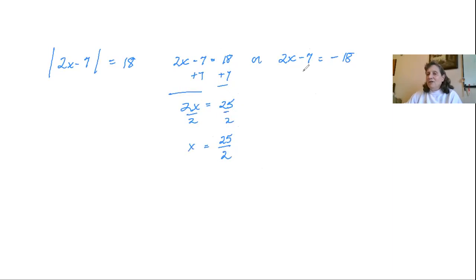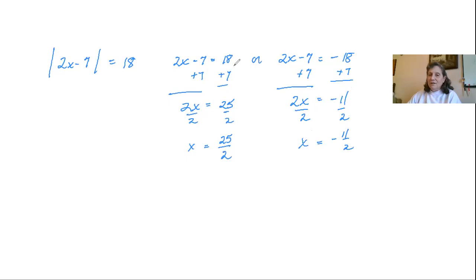My steps over here are going to be exactly the same. I'm going to add 7, but adding 7 to a negative number is not going to give me the opposite that it did here. So this is going to be 2x equals -18 plus 7, which is -11. Divide by 2. x is going to equal negative 11 halves.